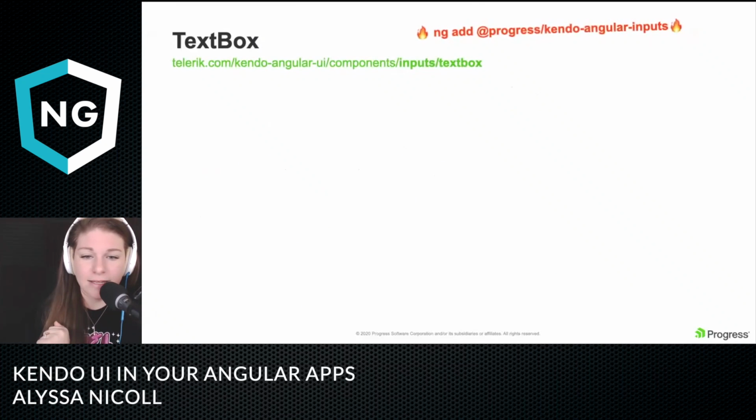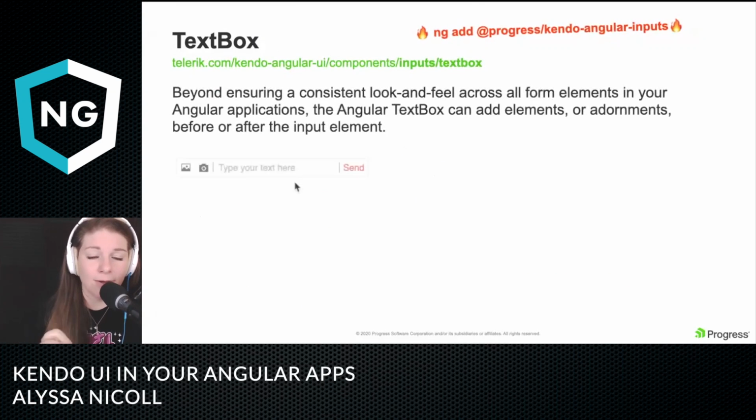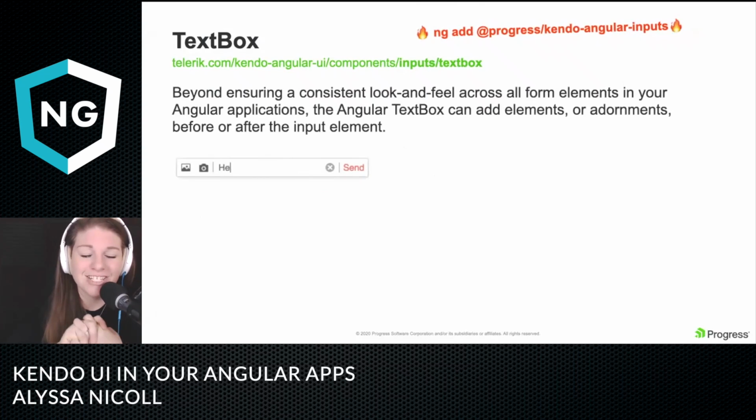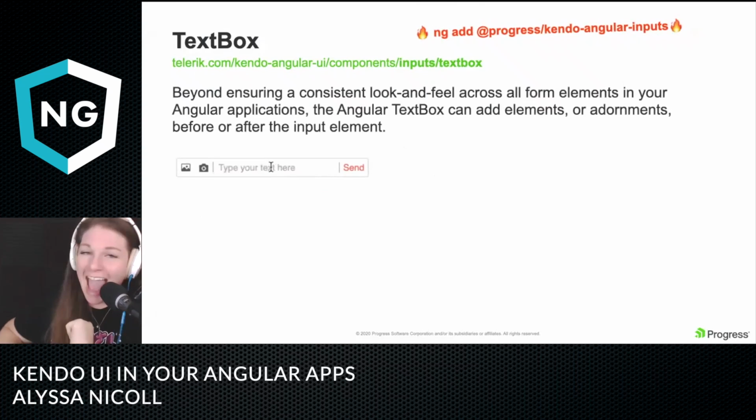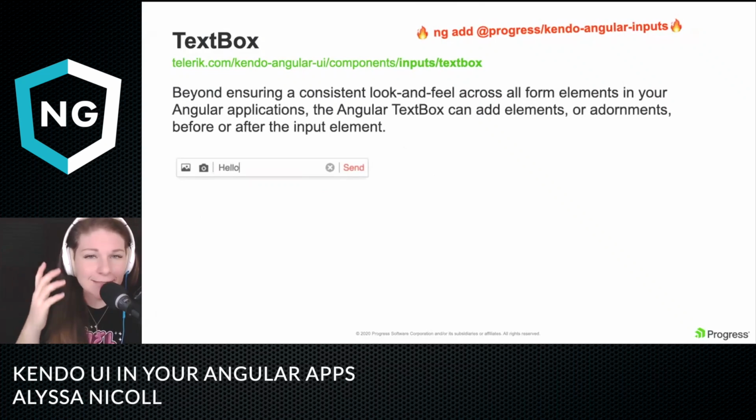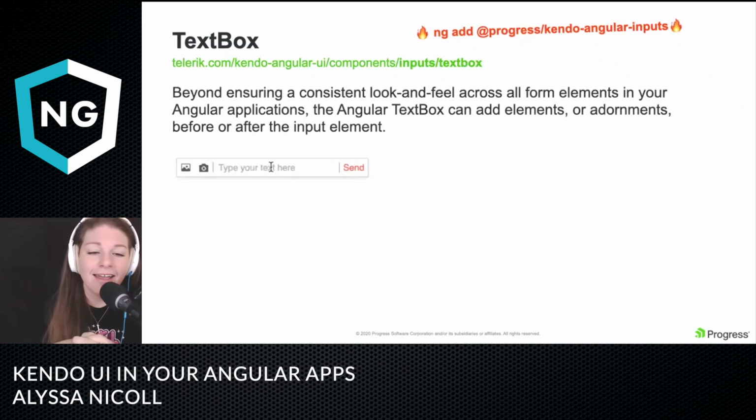And the text box specifically, I wanted to highlight because she's one of our newest. And you might be thinking, really? A text box is one of your newest components? Well, beyond ensuring a consistent look and feel across all your form elements, we didn't just do your average text box. You can do things like adornments, which I'll show off in a minute.